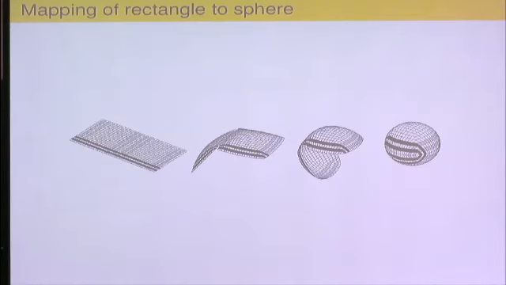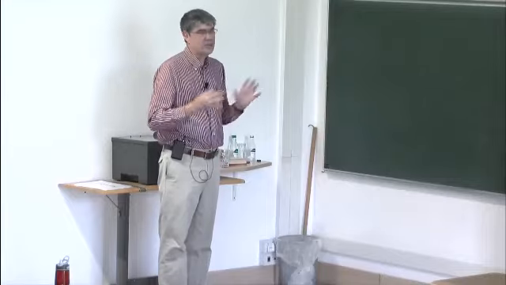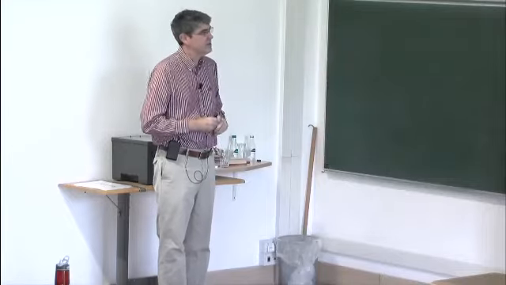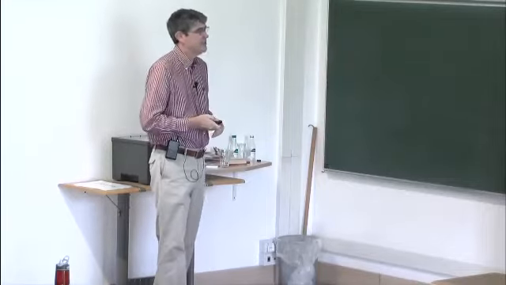But it gives you a way of mapping a rectangular grid onto the sphere in such a way that the cell areas are nearly uniform over the sphere, so you don't have any small cell problems as you would have at poles, and it's a nice single rectangular grid. So it's an alternative perhaps to the cubed sphere idea that also gives you a way of mapping rectangular grids to the sphere.